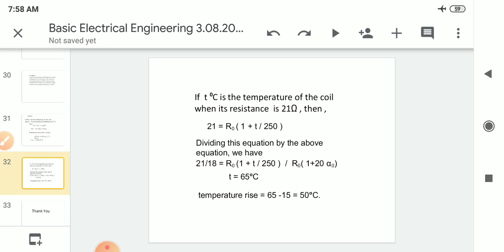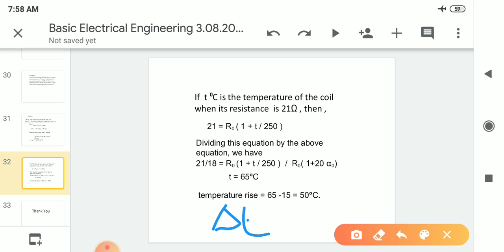So our rise in temperature minus the initial condition gives the delta T. Here the question is asking for delta T. Delta T is equal to T raised minus T naught. So 65 minus 15 gives 50 degrees, which is the answer for this problem.